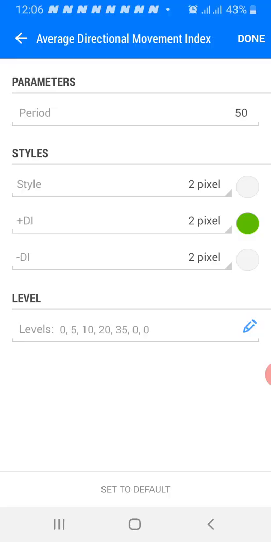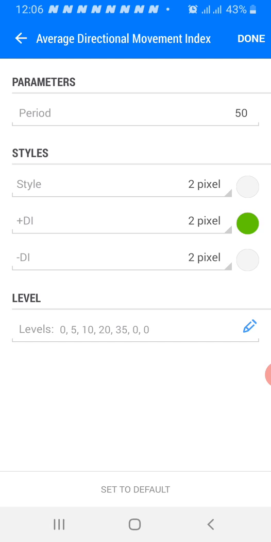Then the minus DI is also 2 pixel. It should be the color of your screen, just like my MT5 is white, so I'm using white. The plus DI should use another color different from the color of your screen.